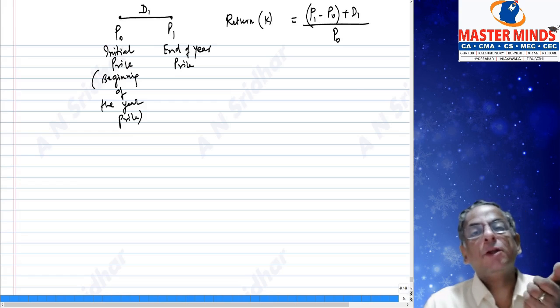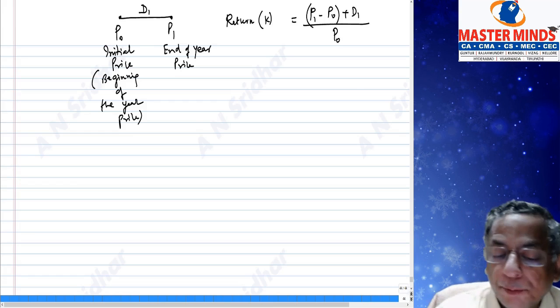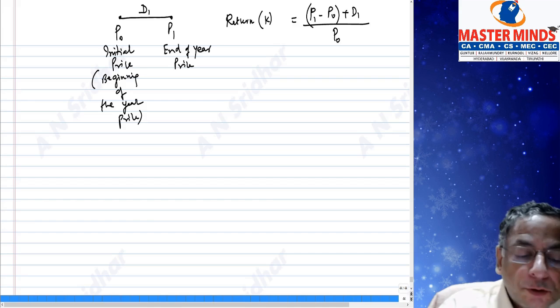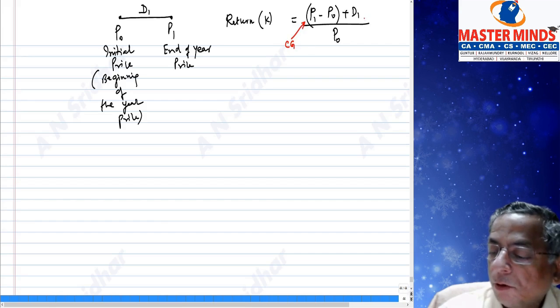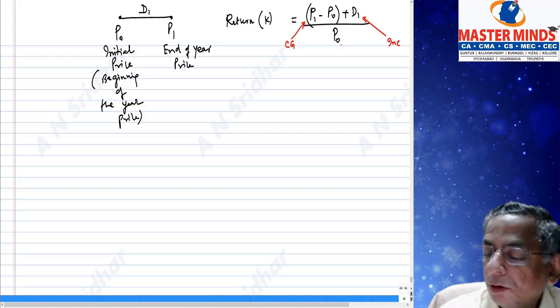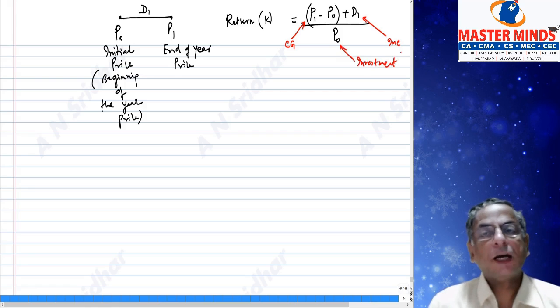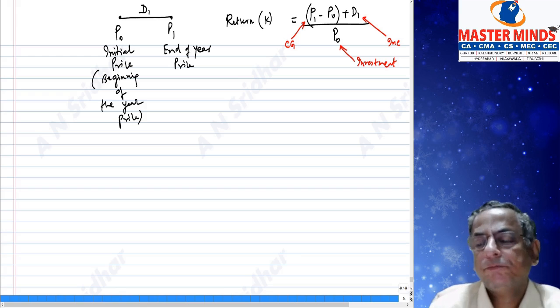What is P1 minus P0? That is your capital gain part. So this is your capital gain. What is this? This is your income. What is this? This is your investment. So we calculate return like this. Very simple.